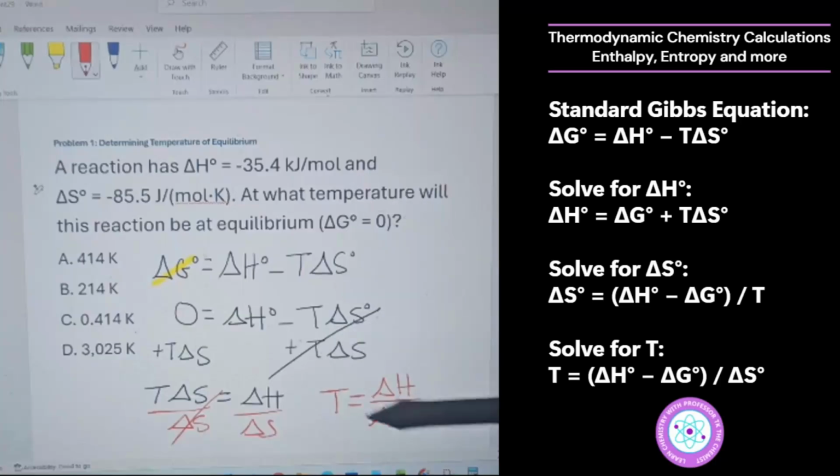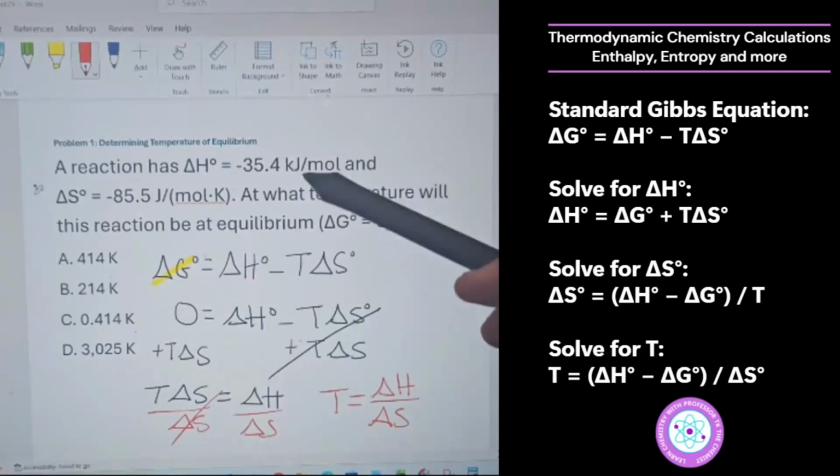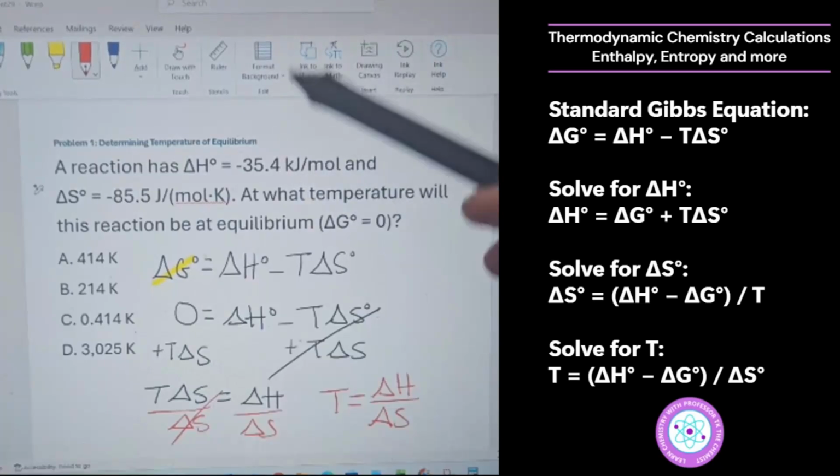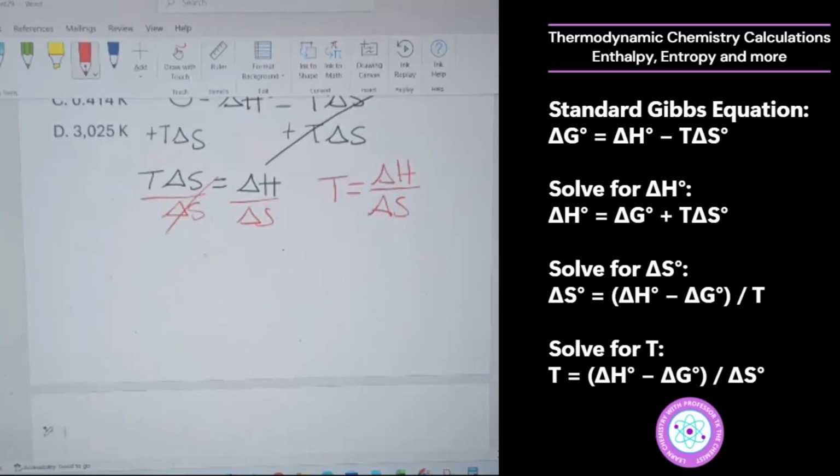Therefore, your final formula, after you go through and do the derivations, since you're looking for your temperature, is T is equal to delta H divided by delta S. Now, here's something else you need to do. Your kilojoules up here needs to be converted to joules. That means you need to multiply that times 1,000. All right, so that's the other thing that we need to do in this particular problem.